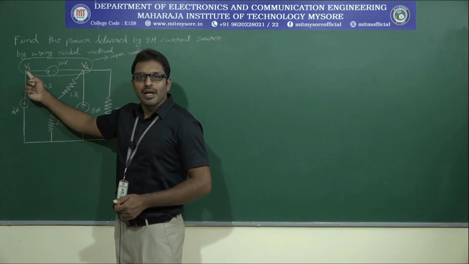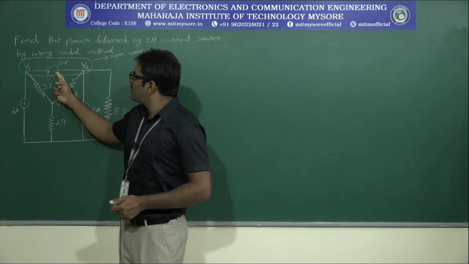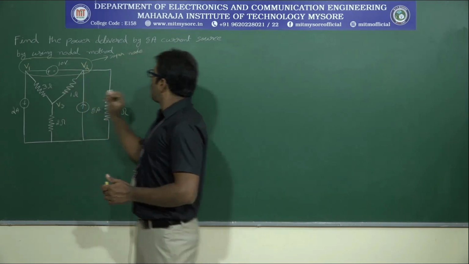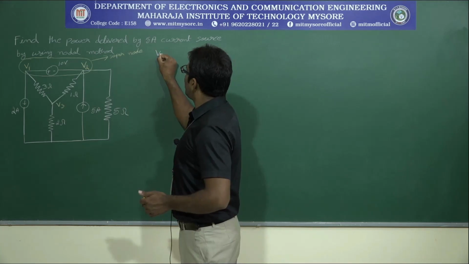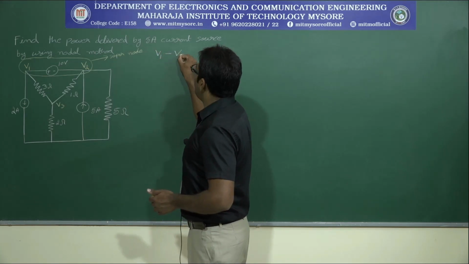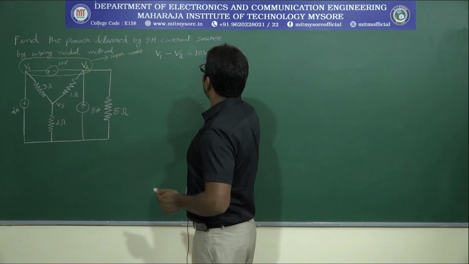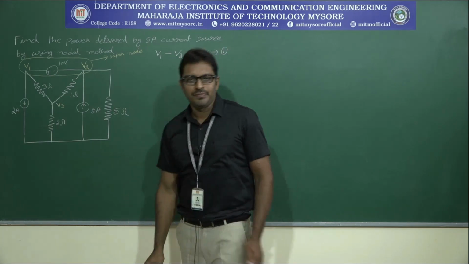Next, observing this supernode, the higher potential of the voltage source is connected to V1 and the lower potential is connected to V2. Therefore, from the supernode, V1 minus V2 is equal to 10 volts, and call it equation 1.